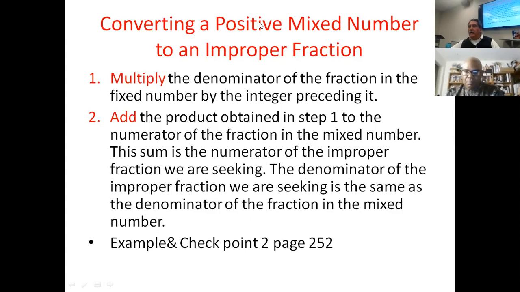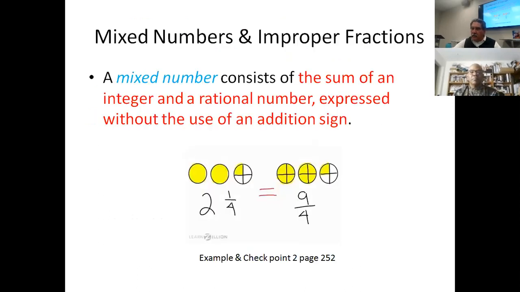Now, we can have positive mixed numbers. We can convert them to improper fractions. Multiply the denominator of the fraction in the mixed number by the integer preceding it. Add the product to the numerator. The denominator stays the same. Okay, let me show you what I mean.